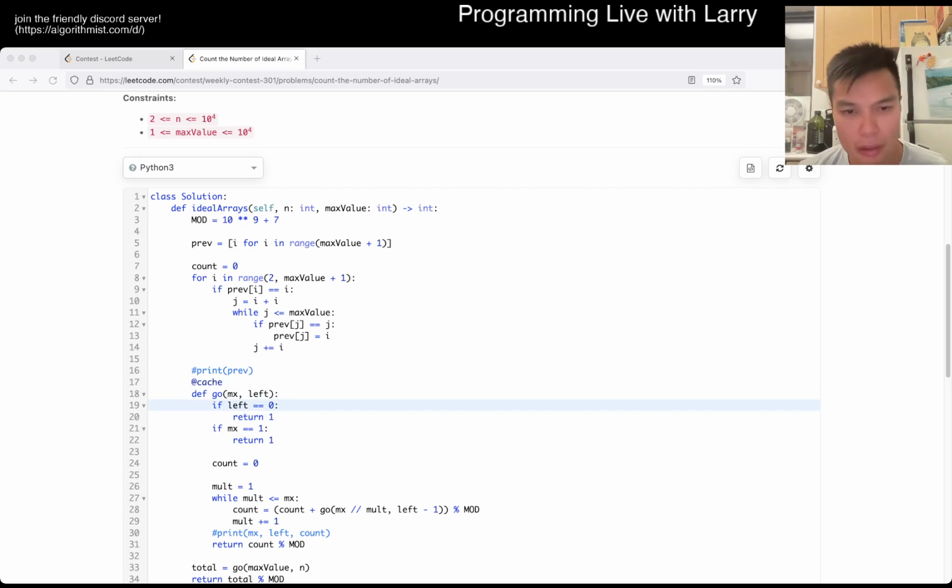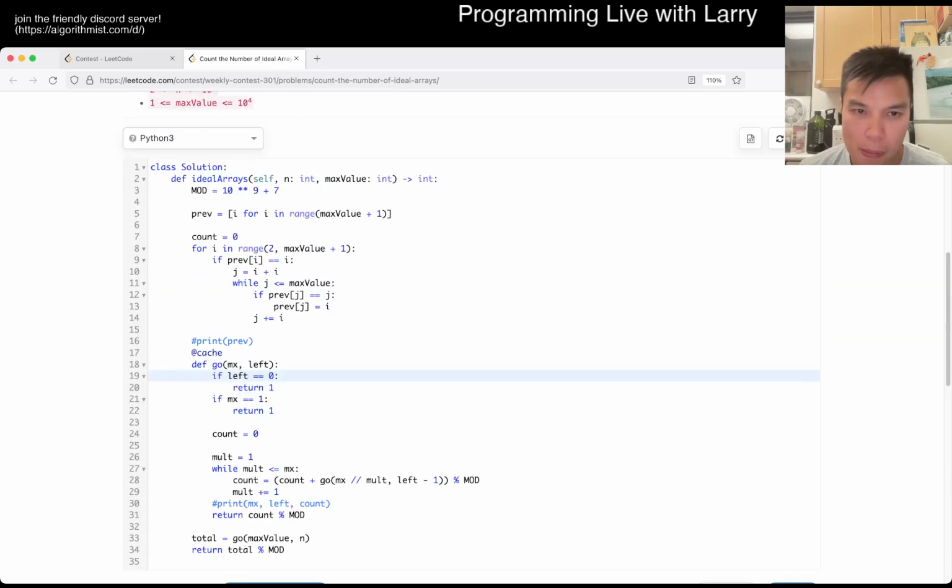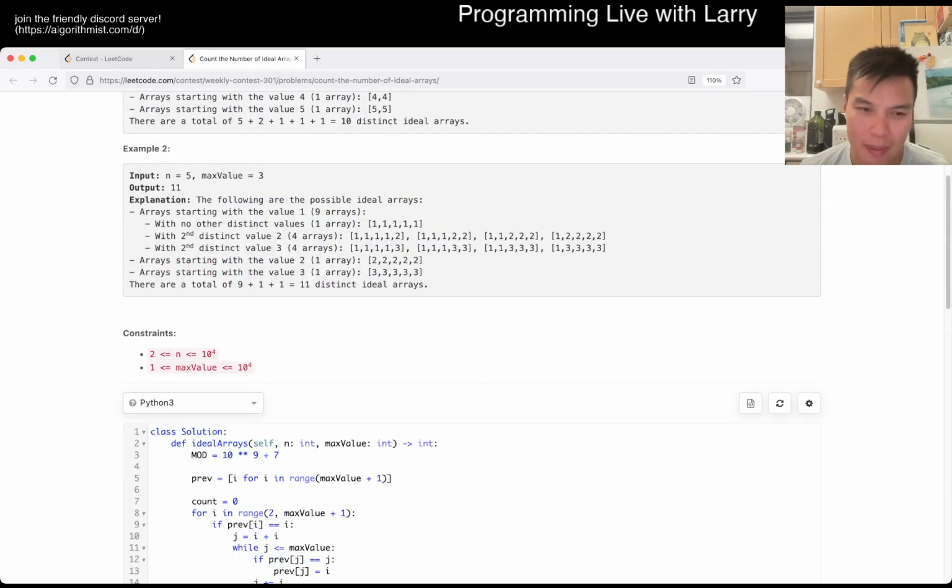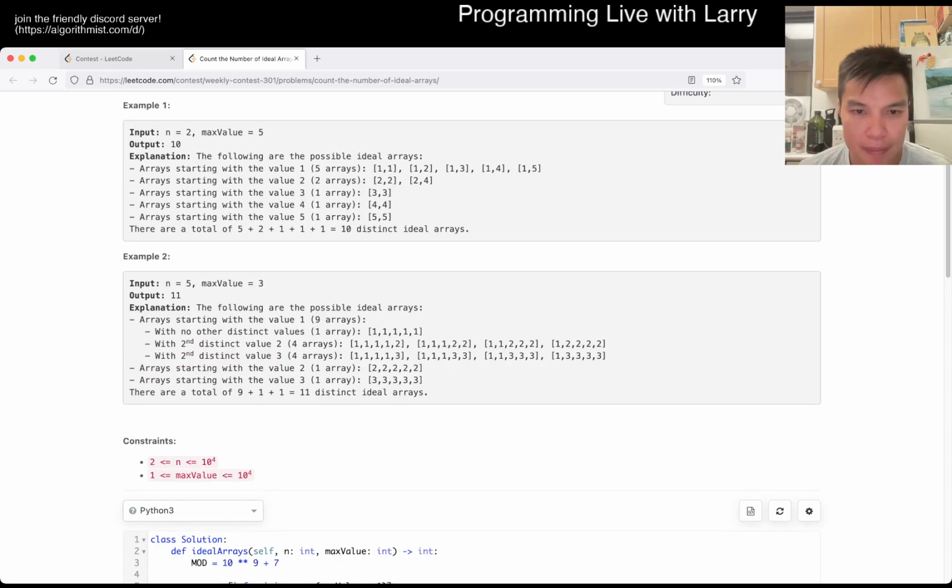Yeah, I don't know if I give up. I just have no idea how to do it. Everything I have is n square or n times max value or something.